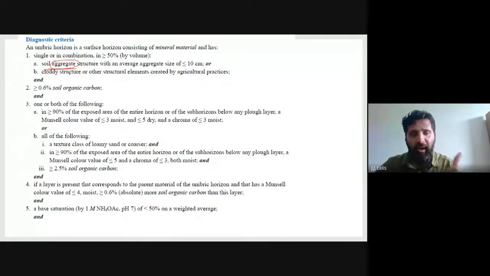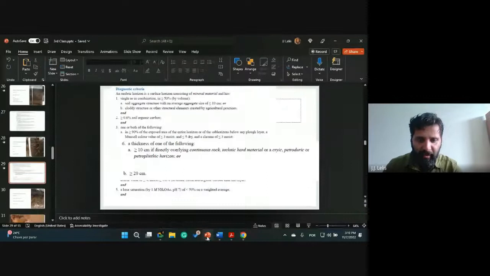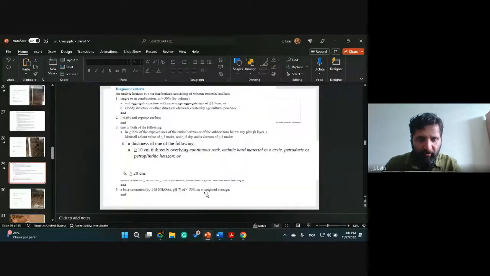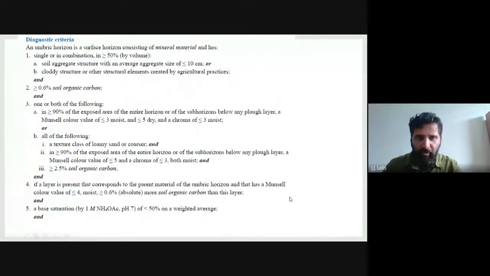We have a strong structure, so we follow. We should present at least 0.6% of soil organic carbon. Okay, we have much more than that. Let's check again, we have 18% of organic carbon, so we check again.